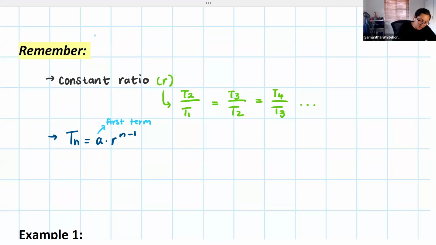This is important to remember because even though we are doing series, even though we're adding together the terms, it doesn't mean that this formula is no longer useful to us. It definitely is, depending on the type of question we get. So we always need to have it in the back of our mind because it could potentially be useful as we go along, and you're going to see that a bit later.